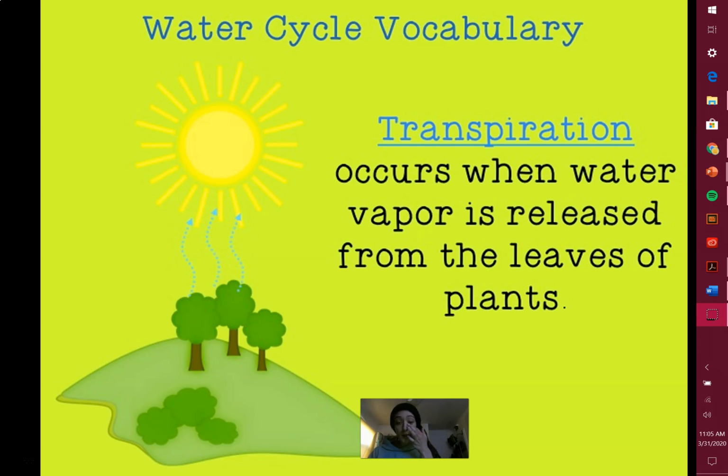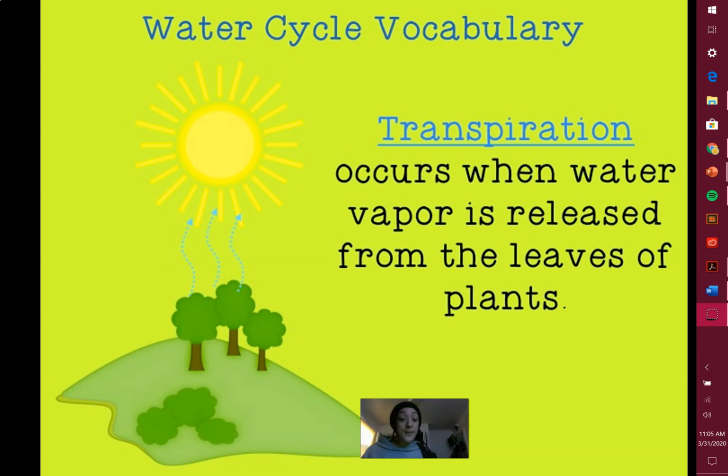So we've talked a little bit in science class about how all living things have to breathe, right? All living things respirate. They take in gases and they release gases, just like we do. When I'm exhaling into the air, I am releasing some water vapor and also some carbon dioxide.